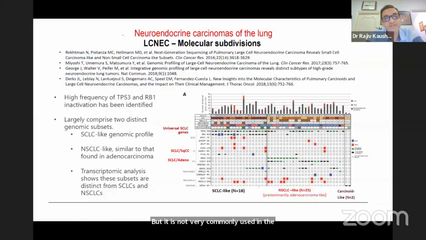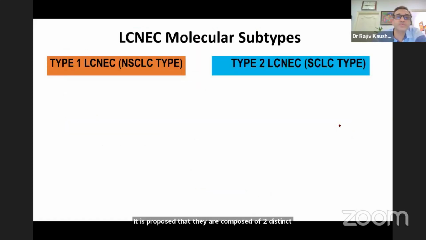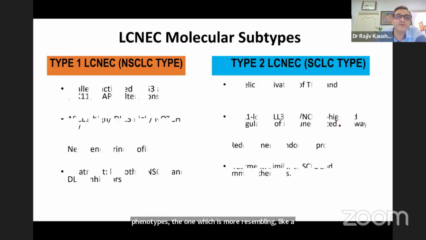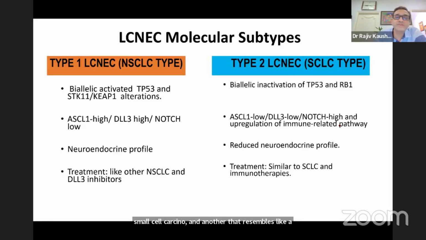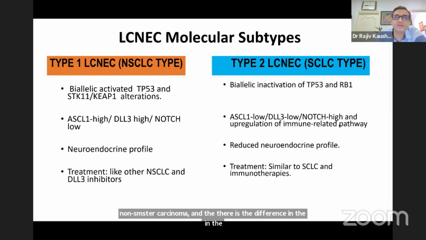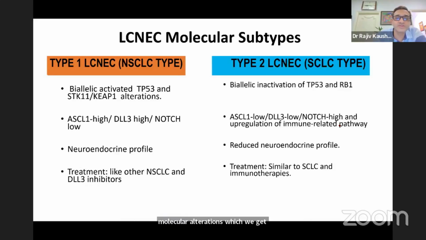Similarly, for the large cell neuroendocrine carcinomas, it is proposed that they are composed of 2 distinct phenotypes, one which more resembles a small cell carcinoma, and another which resembles a non-small cell carcinoma. And there is a difference in the molecular alterations which we get in these 2 subgroups.